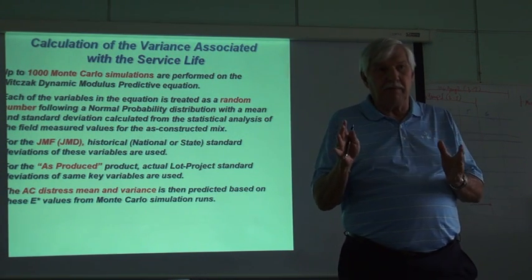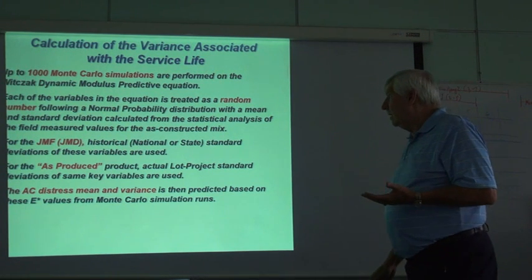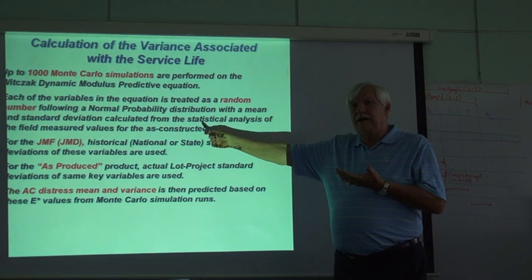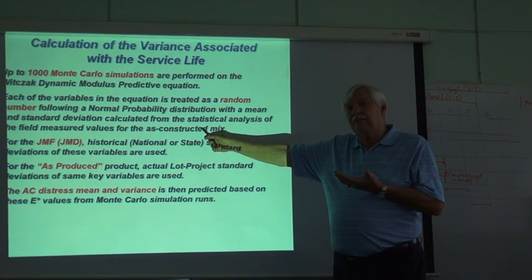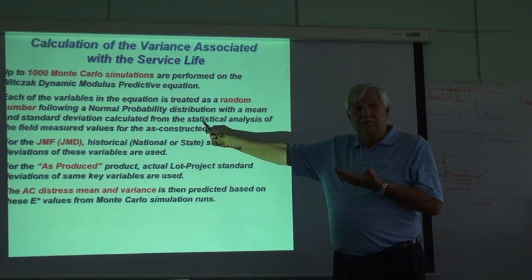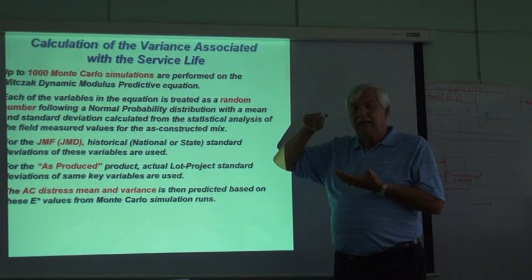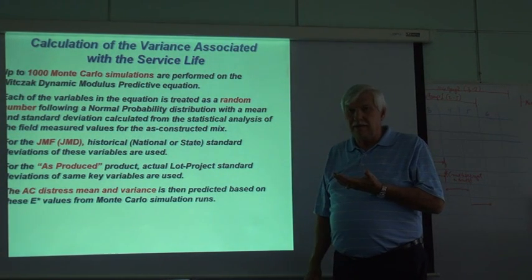So you have this information available. If you don't have it available, there are national and historic variances. In fact, if you go to a 1975 textbook that I like a lot, I forgot the name of it, you'll find a whole summary of historic statistical construction variances on every one of your volumetric properties that you do.